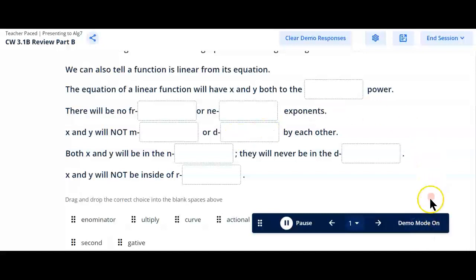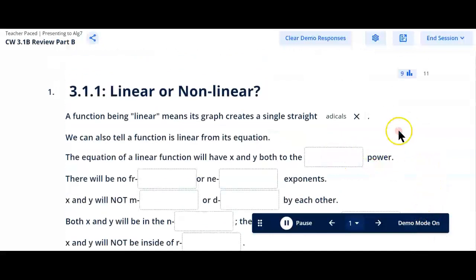You will see, is my demo mode on? Yes. You will see in the upper right hand corner something that'll tell you the number of points that you've earned so far after you do a check, keeping in mind it gives you points for more than half of the questions correct. Okay.